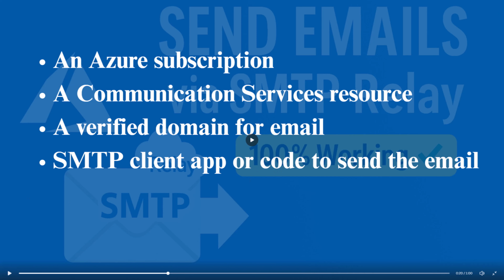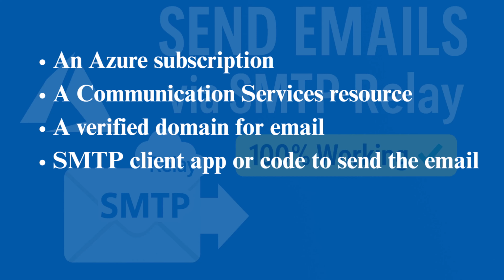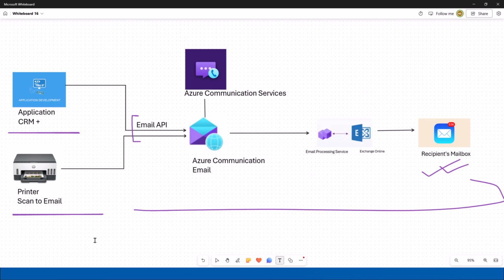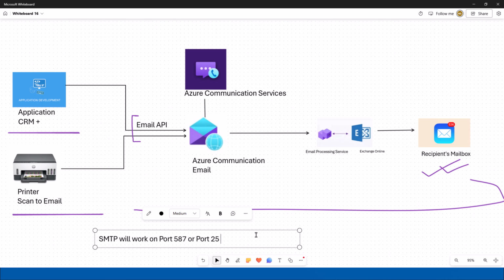One other point that I think I missed here, I'll write it here: the SMTP will work on port 587 or port 25. So on the network firewall, the outbound connections to these ports should be open.